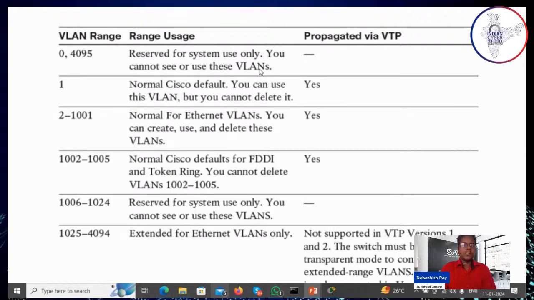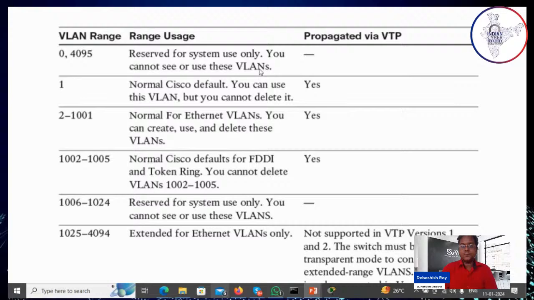And there is something known as VTP, VLAN Trunking Protocol, that shares the VLAN information between multiple switches, but VLAN 0 and 4095 are not propagated via VTP. Now there is VLAN 1 that is known as the native VLAN.